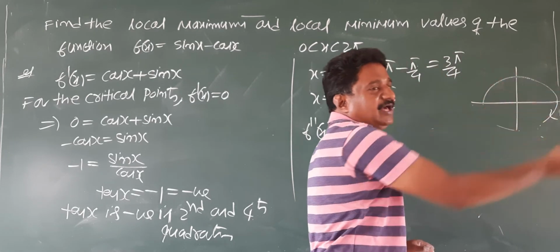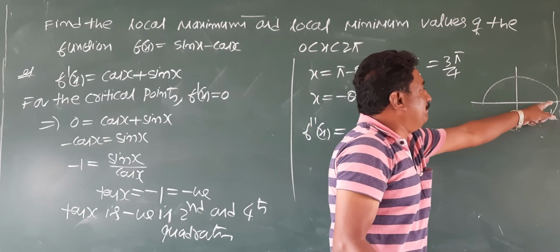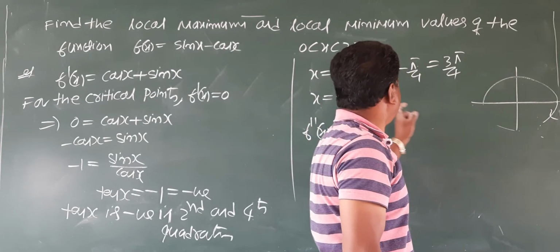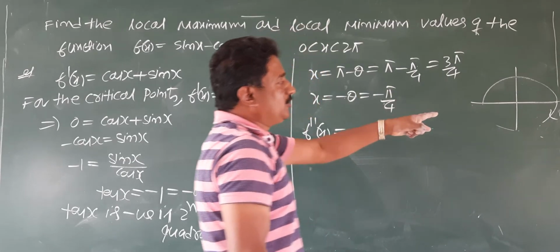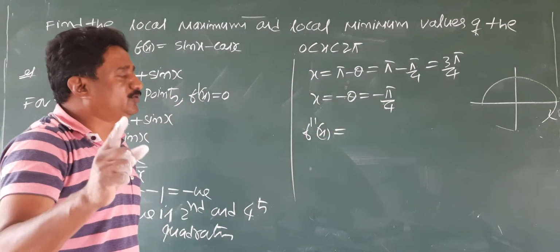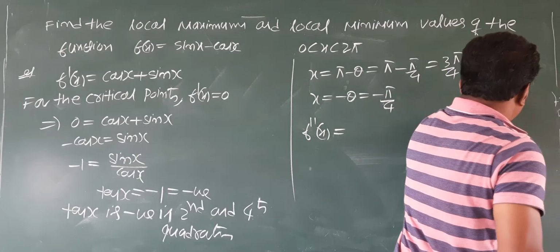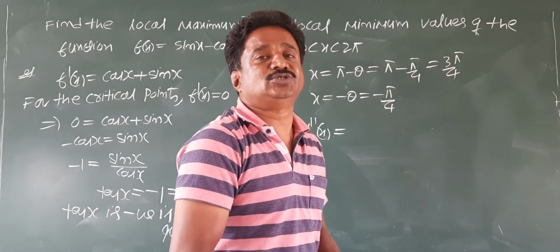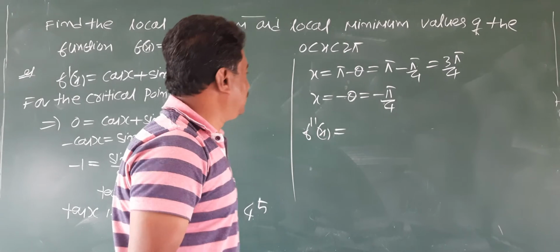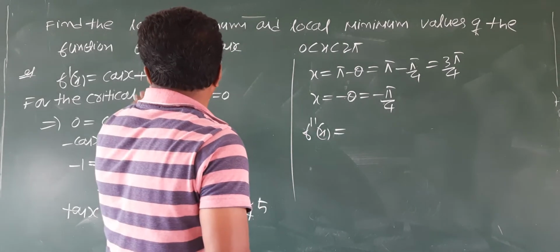Therefore, minus of an acute angle must be in the fourth quadrant. Minus theta always belongs to the fourth quadrant, students. Remember that.